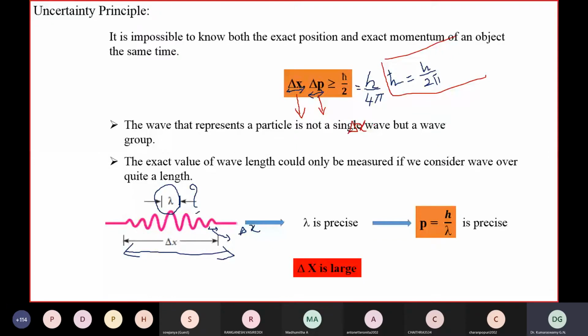For example, if a flight is moving and you put an uncertainty on its position, the uncertainty will be in micrometers or centimeters. It doesn't matter because the flight itself is about 30-40 meters. So uncertainty is insignificant in the macroscopic world. It doesn't mean it is not there. It is there. It is not significant. That is all it says.